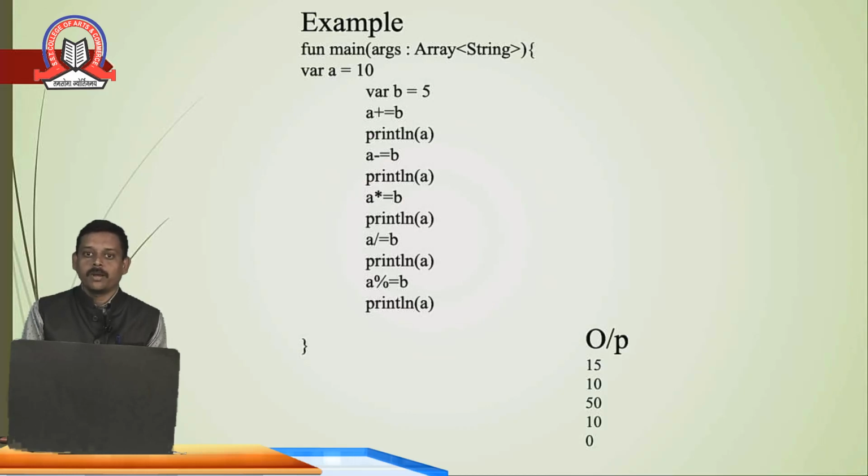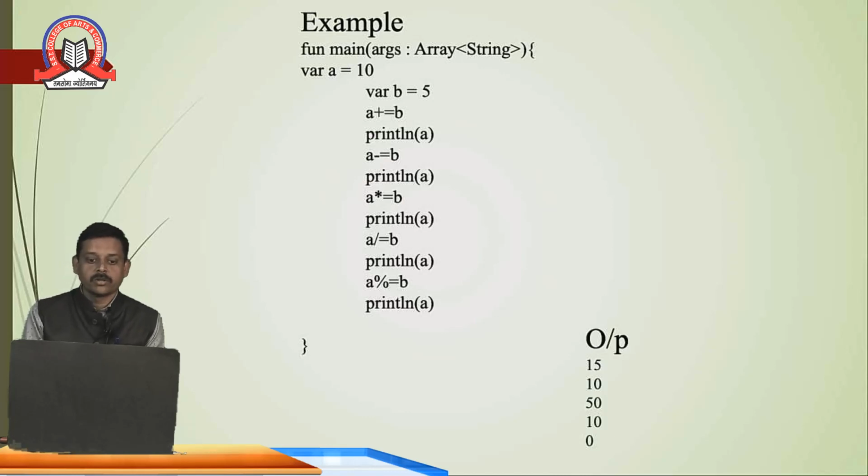That is a is equal to a plus b. Similarly, a minus equal to b will subtract the value of b from the variable a. The value is already 15, so it is 15 minus 5, that is 10.